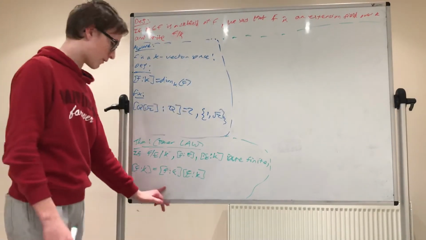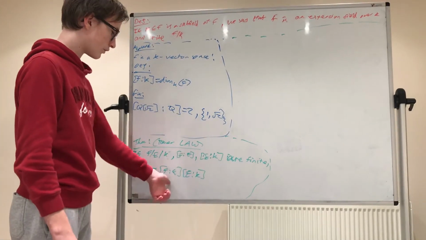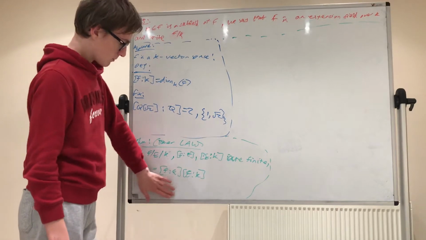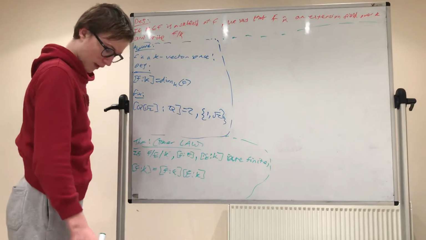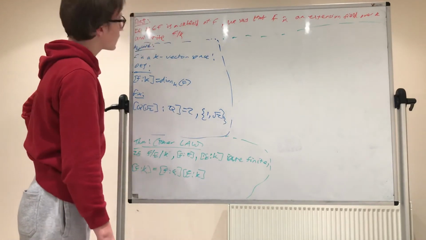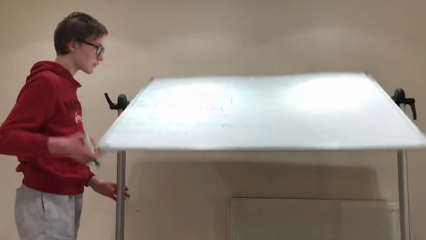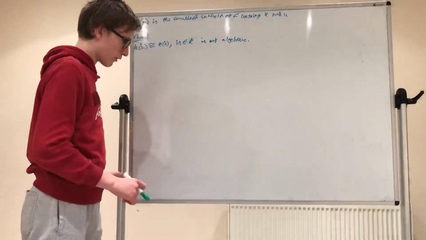If we have an intermediate field, then the dimensions multiply together. So these are the basic definitions and theorems.